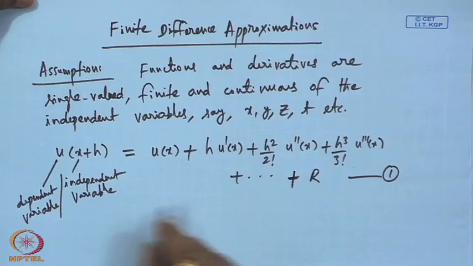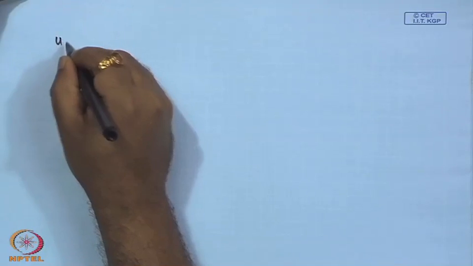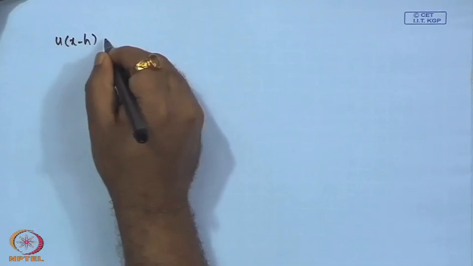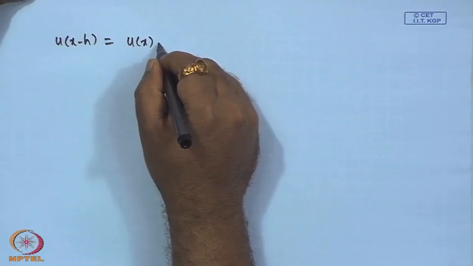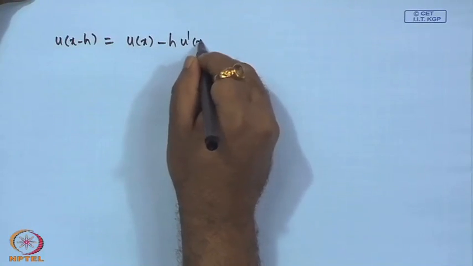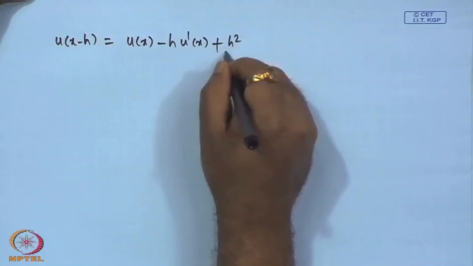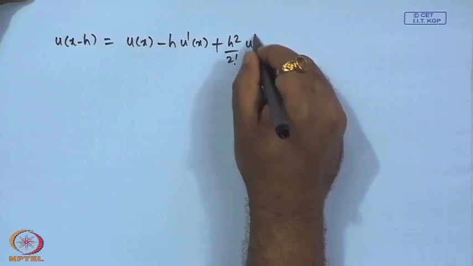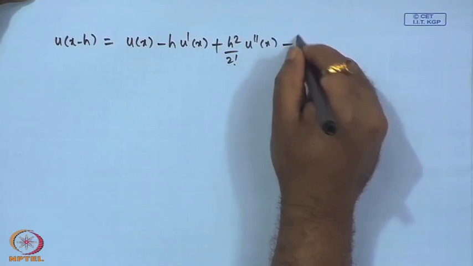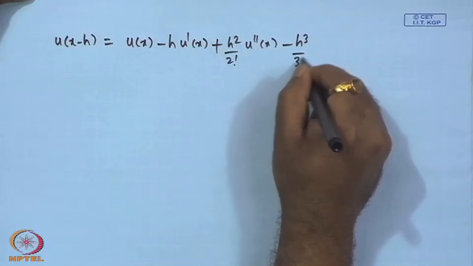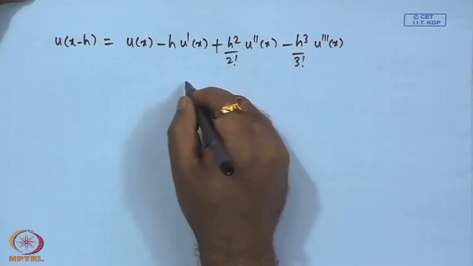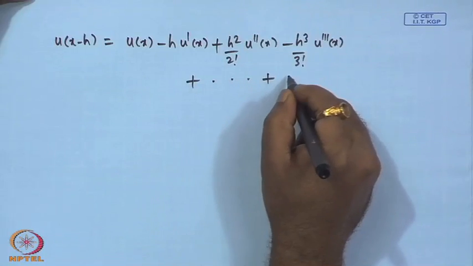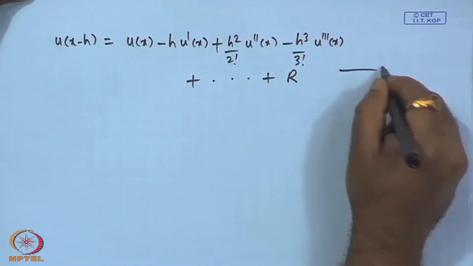Similarly, let us consider u of x minus h and expand in Taylor series. The signs alternate, plus the remainder.